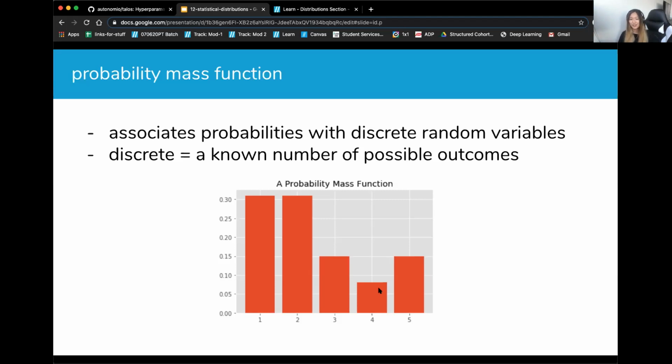Later, when we talk about the Bernoulli and binomial distributions, you can write it out as mathematical formulas, but those are for very specific examples. So the main thing to take away: a PMF just shows you the probability of getting each discrete outcome.